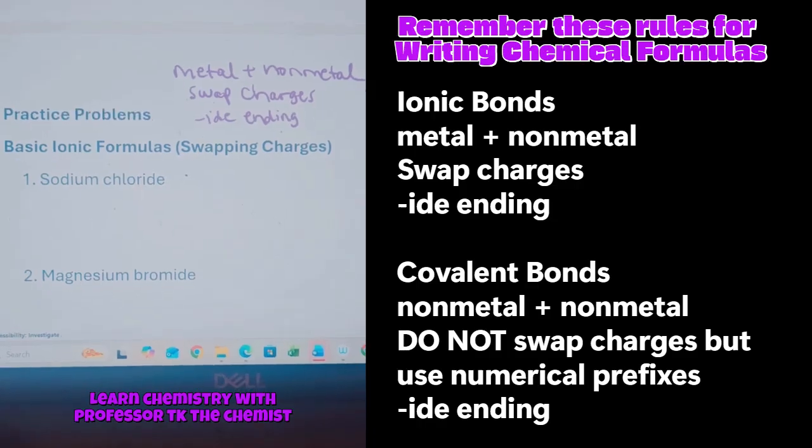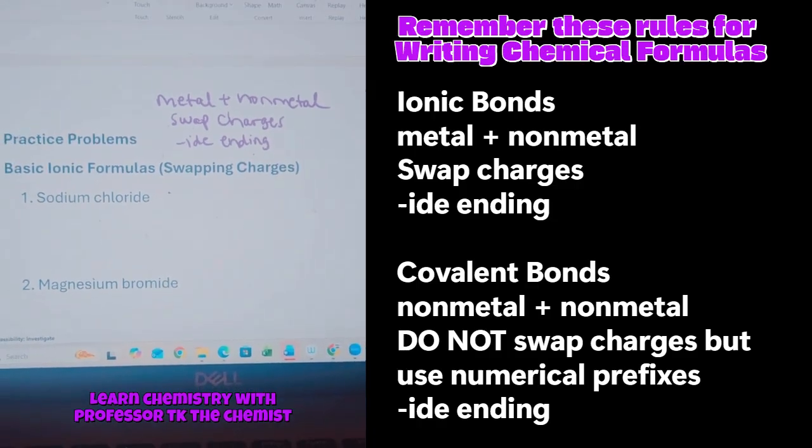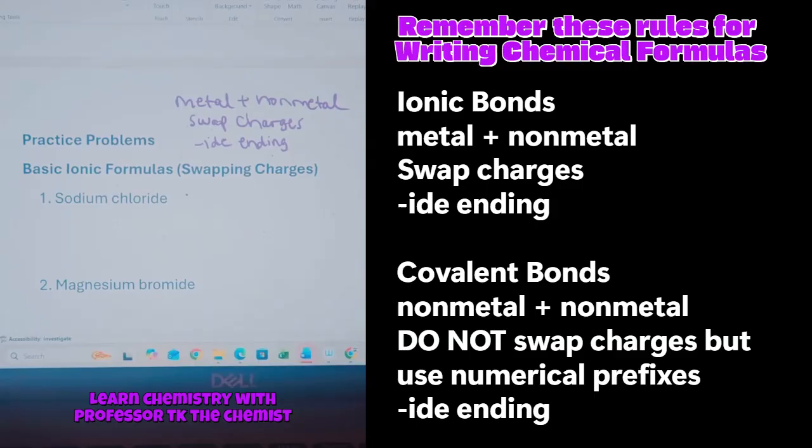This is something you need to know: in order to write out an ionic compound, you have to remember that it's between a metal and a non-metal. I'm going to color code this so you can see it. A metal is going to be in yellow and a non-metal element is going to be in green, so that if they are opposites, they're going to swap charges.